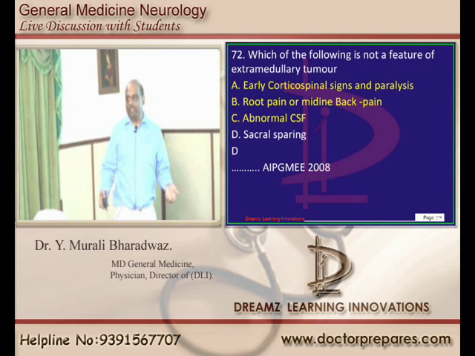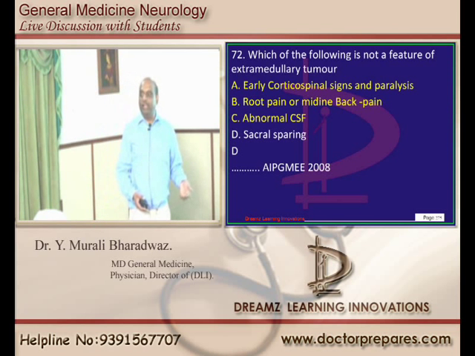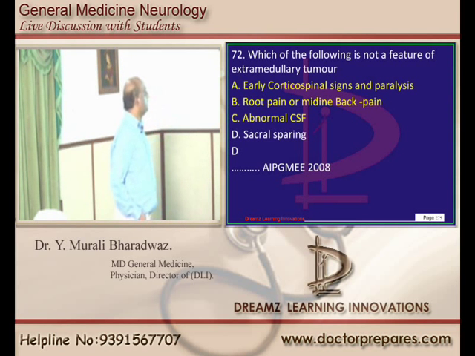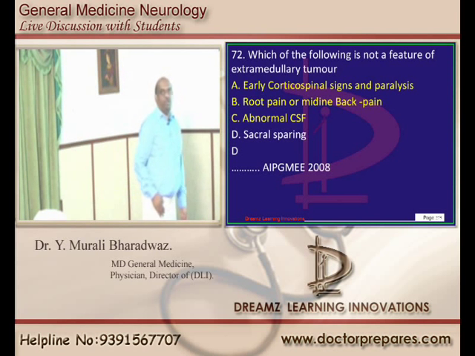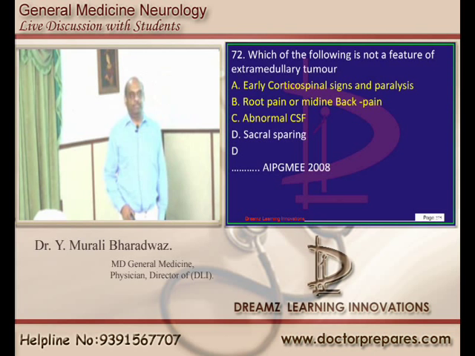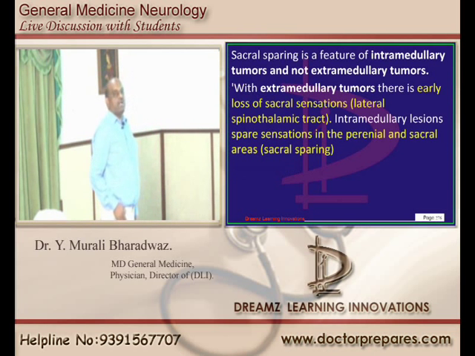To localize there are only three areas: intramedullary, extramedullary intradural, extramedullary extradural. But to localize it in a patient is the challenge. Now doctor, which is not a feature of extramedullary tumor? Sacral sparing is not a feature. I will come to that.